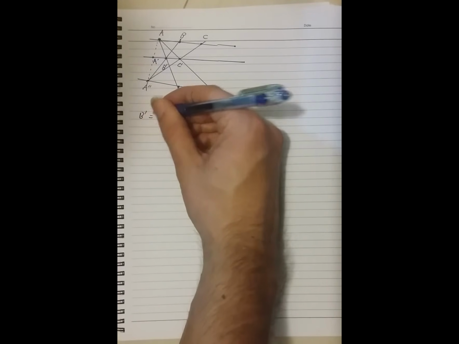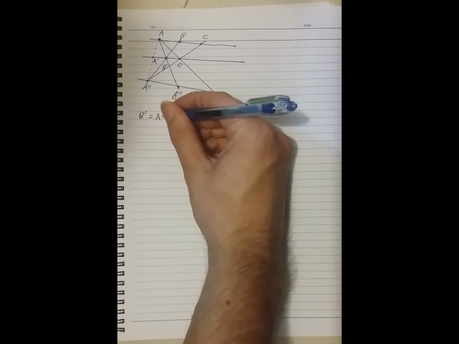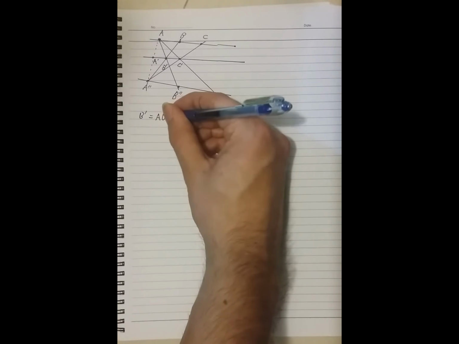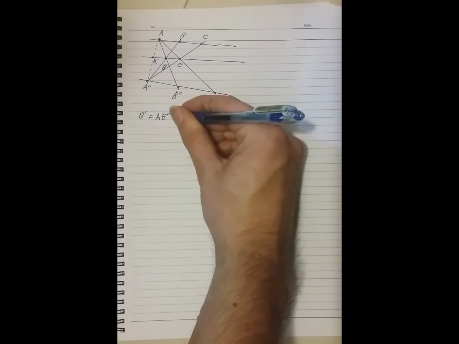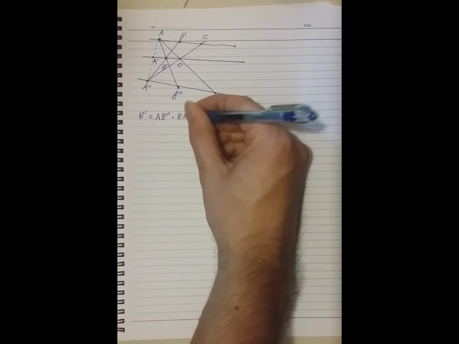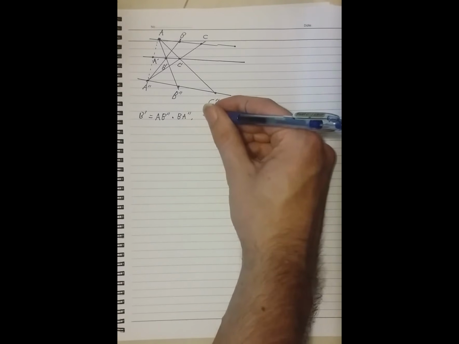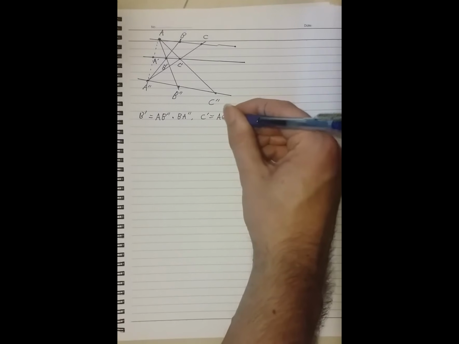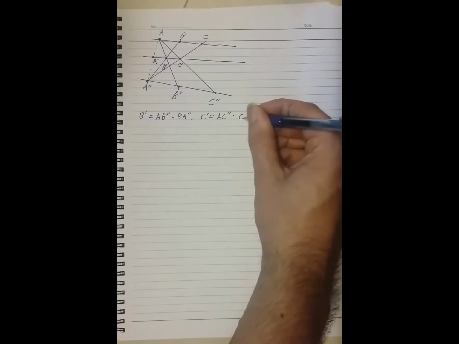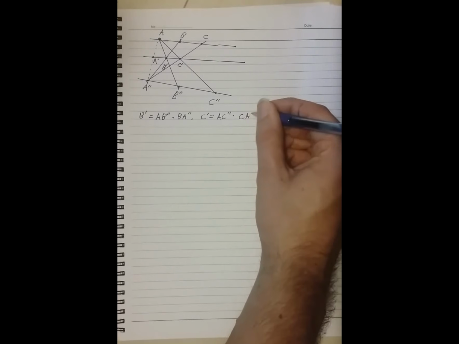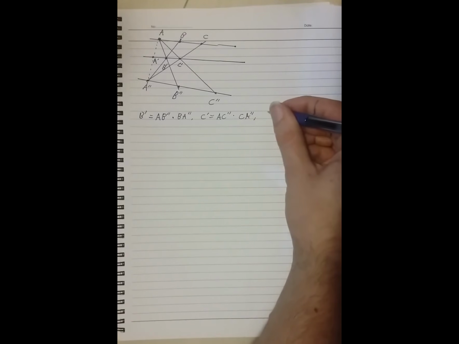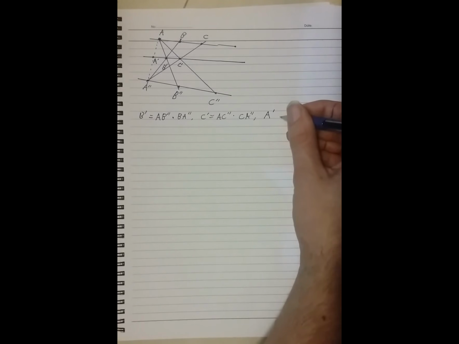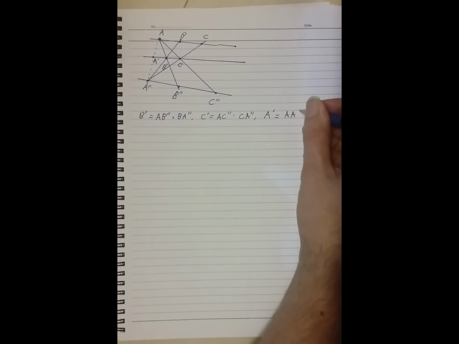Might as well write down explicitly what we've done. So we've defined B dash is equal to AB double dash dot BA double dash. We've defined C dash similarly. And we've defined A dash like this.